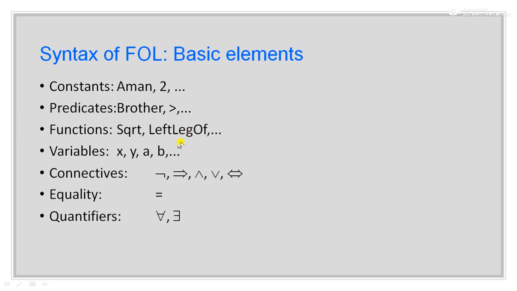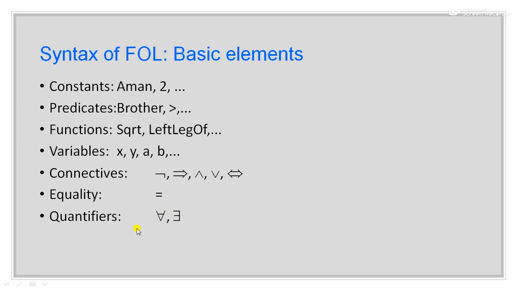Then we have variables like x, y, a, b. Then the sentences have connectives as we have seen in propositional logic: negation, if-then, and, or, and bidirectional statements. Then we have equality, and one more additional thing we use in predicate logic, the quantifiers, which we will discuss in the coming slides.